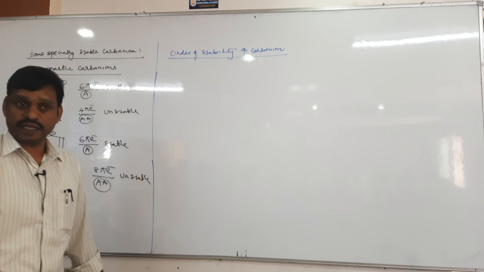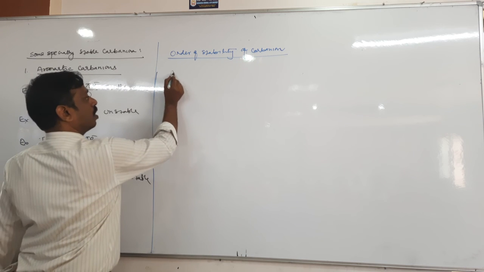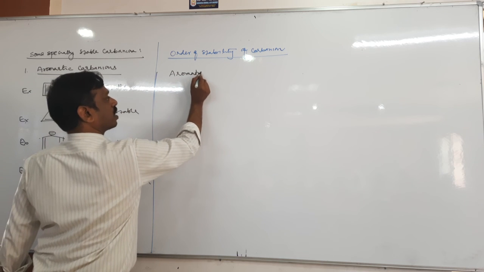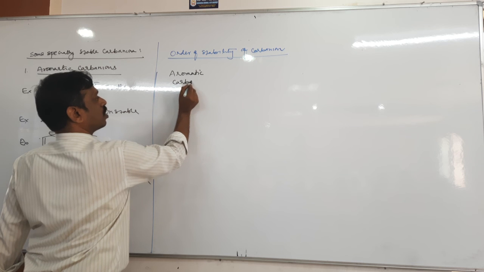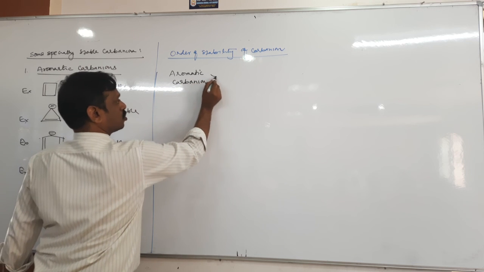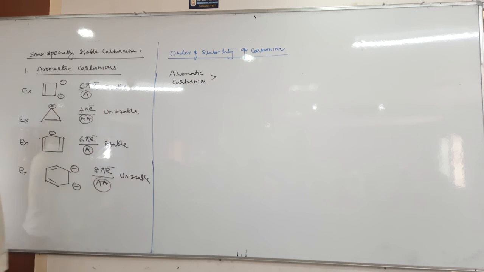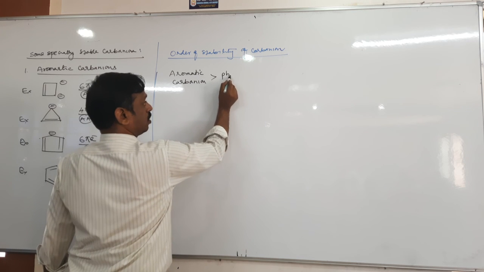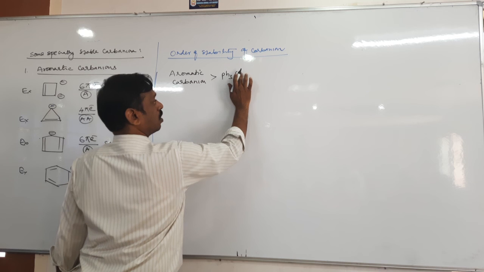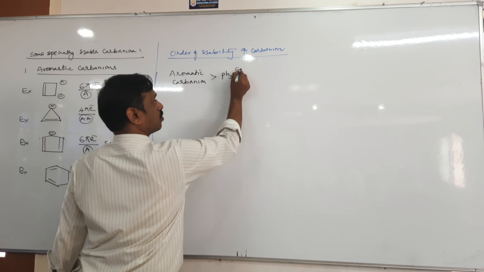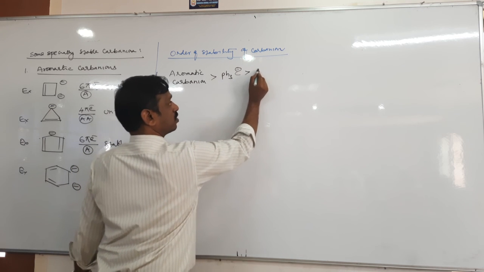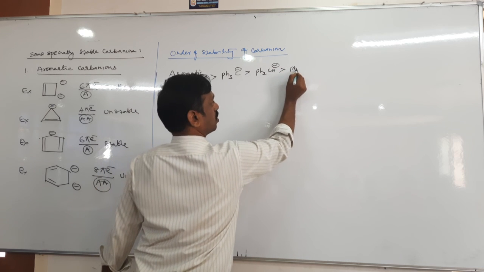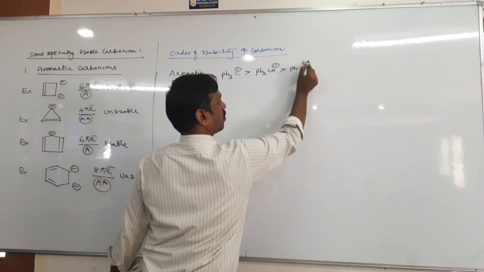Of course, aromatic. Aromatic carbanions are most stable. Then, after aromatic carbanion, which carbanion is most stable? Triphenyl methyl carbanion. Yes or no? Next is diphenyl methyl carbanion. Next is phenyl methyl, meaning benzyl carbanion.